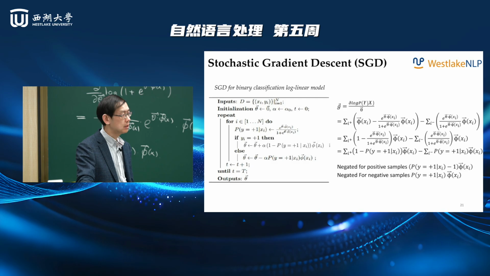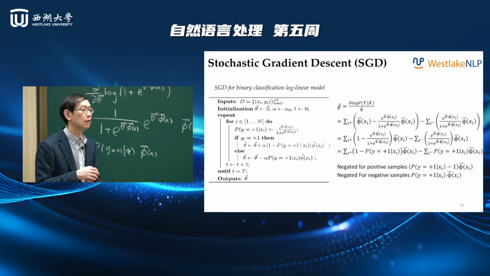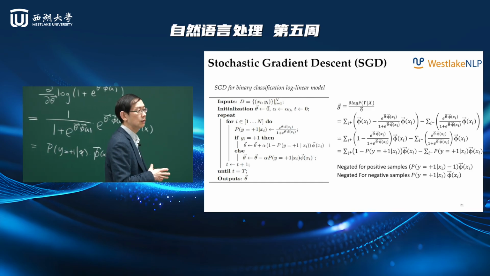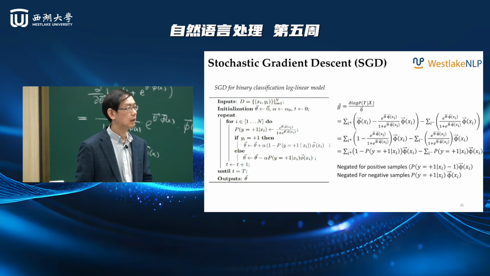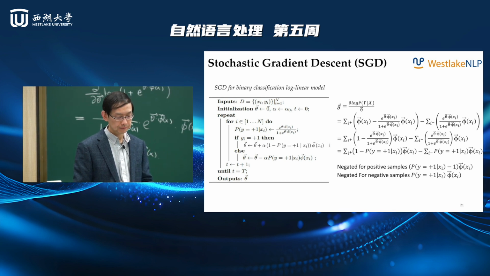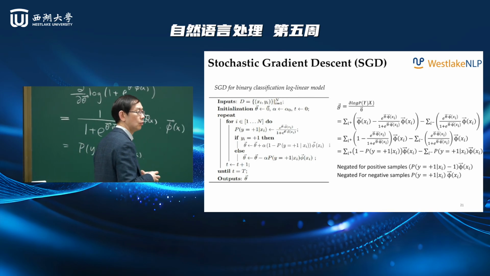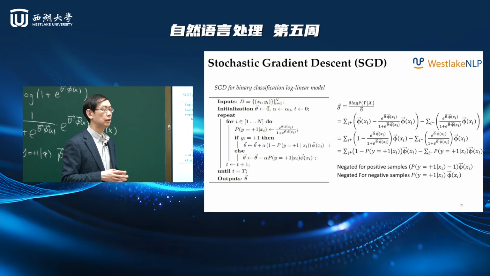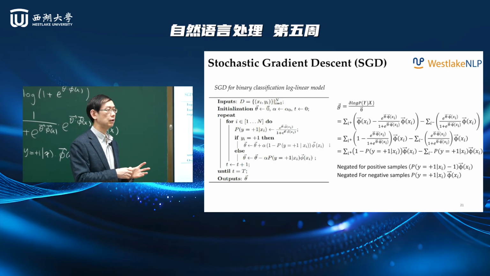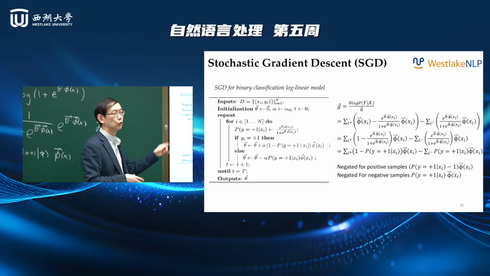If the instance is negative 1, we use P(y equals plus 1), the sigmoid version, times phi x. This algorithm is similar to something we learned last week, but I'll go to that later. So that's the training process for the log linear model. Now we finished the log linear model. We learned the parameterization, and we learned how to train it using data, using this algorithm.